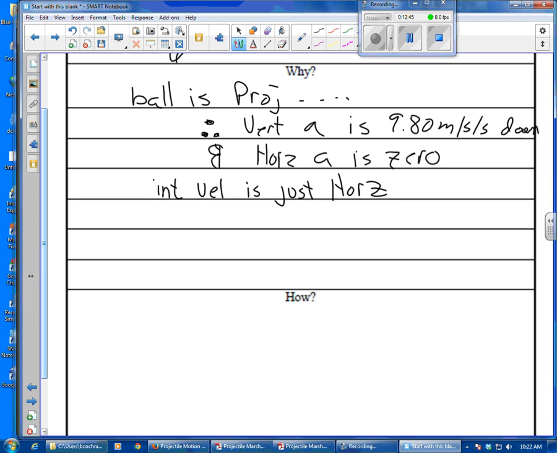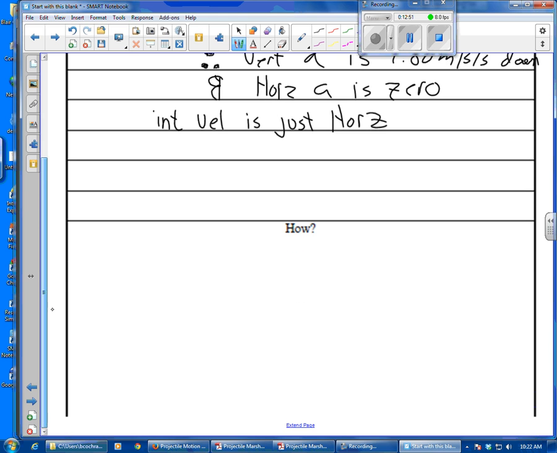Nothing. So its initial vertical velocity would be 0. I think that's about all that I would need in my Y there. Probably one other factor. Which do you think is going to be more restrictive? The horizontal motion or the vertical motion?